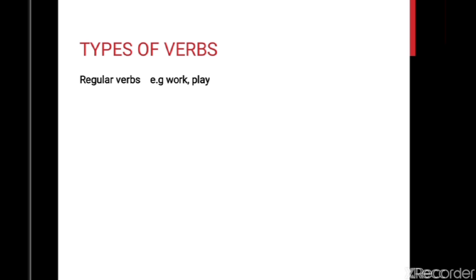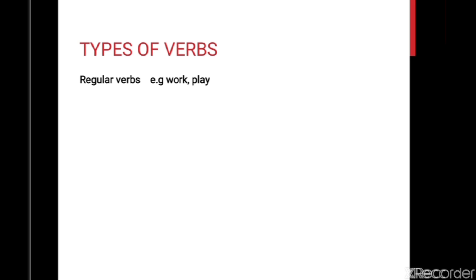Yes, worked. And what is the V3 form, past participle? It is also worked. So when V2 and V3 forms are the same, such kinds of verbs are called regular verbs. Take a second example, play.